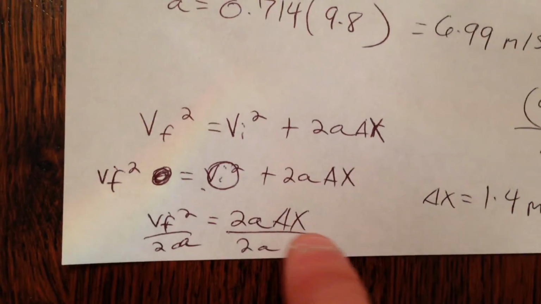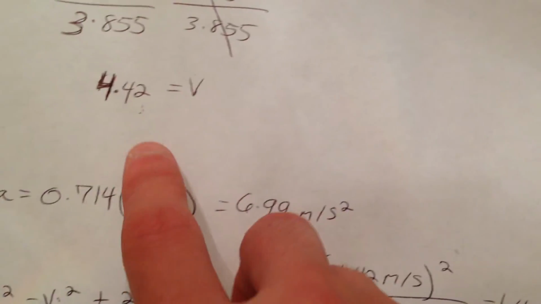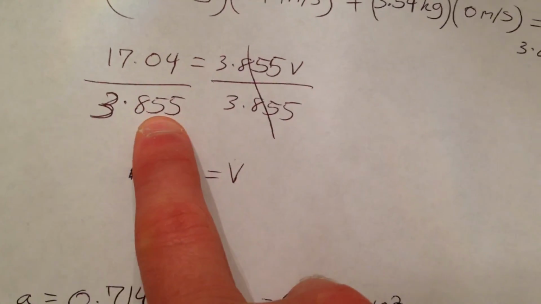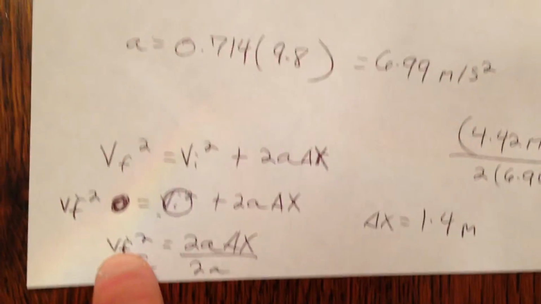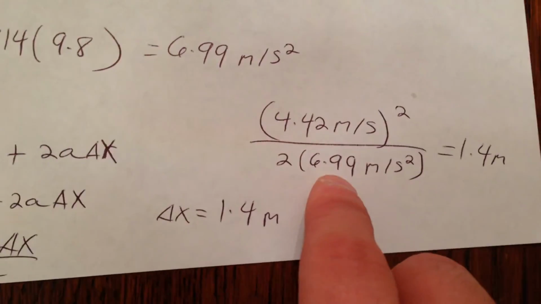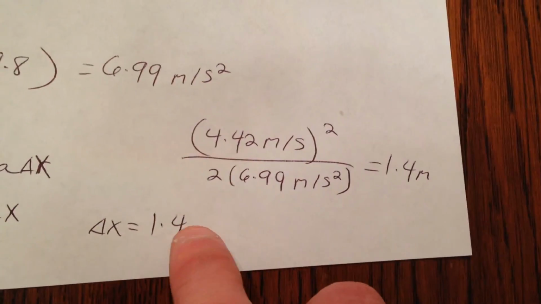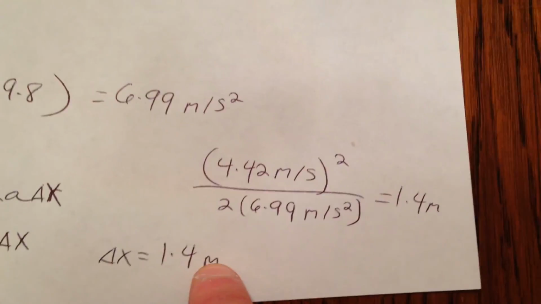The final velocity was what we calculated, 4.42 meters per second. So that's 4.42 meters per second squared over 2a, 2 times the acceleration, and the distance is 1.4 meters traveled by both the ball and the box.